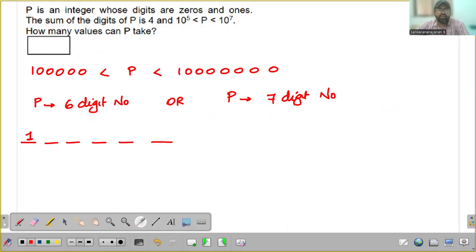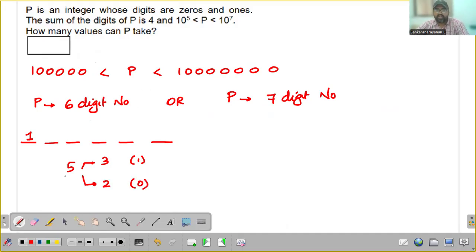So now we can see that there are remaining 5 positions. In these 5 positions, you have to fill 3 positions with 1 and the remaining two positions with 0.